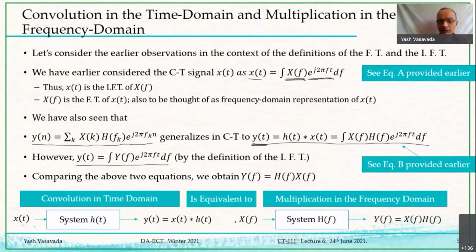I take the Fourier transform of the input, x of f. I take the Fourier transform of the impulse response of the LTI system. And what I get is the output y of f. It turns out to be the product of h of f and x of f.